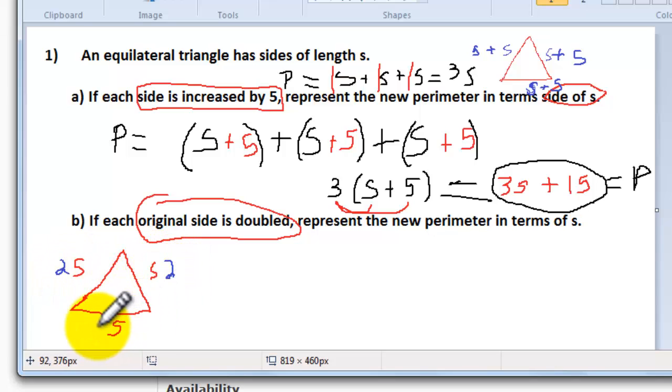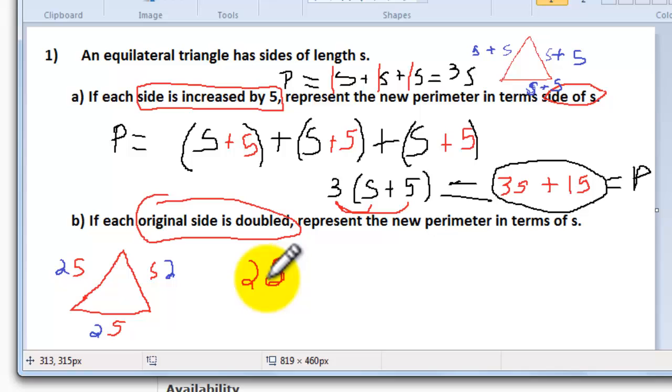So that's 2S, 2S. That's not a 5, this is an S. So it's 2 times S, and you're adding for perimeter. So let's write everything as 2S. It really looks like a 5.